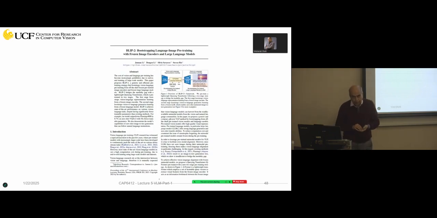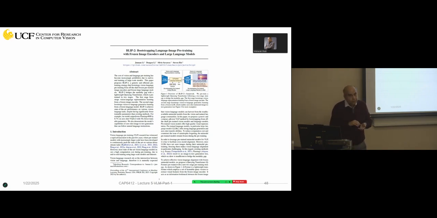So now we'll talk about the last model, which is BLIP-2. And this will be your assignment, so you want to listen carefully. Again, you can see all these are very similar things. That's why they are kind of linked together. So you have to keep building, adding knowledge to what you are learning.